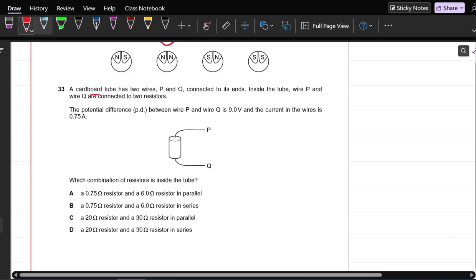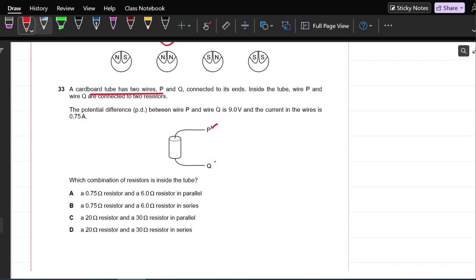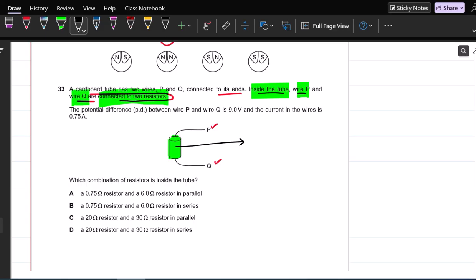A cardboard tube has two wires, P and Q, connected to its ends. Very good question it is. Inside the tube, somewhere here, wire P and wire Q are connected to two resistors, which means in this tube two resistors are present.